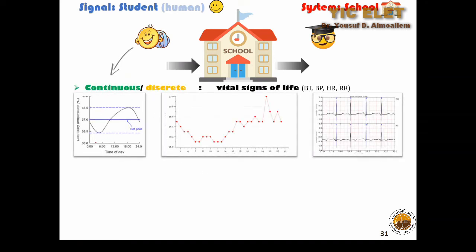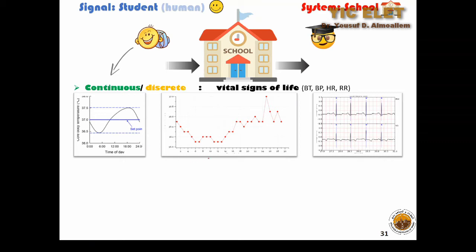So if we're talking about body temperature, if you look at it on one single day and monitor it continuously, then you would be able to plot it as you can see, as a continuous time signal.